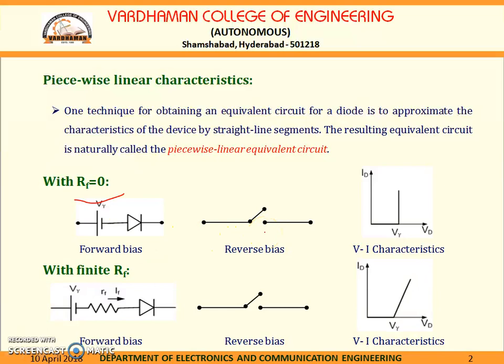If it is reverse biased, this is the VI characteristics. With a finite RF, there is a little bit of resistance in terms of ohms. This is the equivalent resistance. In reverse bias it acts as an open circuit, and these are the characteristics of the finite RF. This is what we call piecewise linear, and this is the ideal.